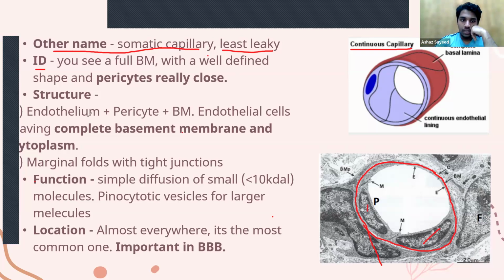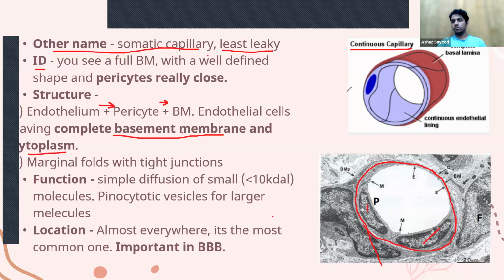As for the structure, you have the endothelium, then the parasite, and then the basement membrane, in order. The endothelial cells themselves have a complete basement membrane and a complete, solid cytoplasm.